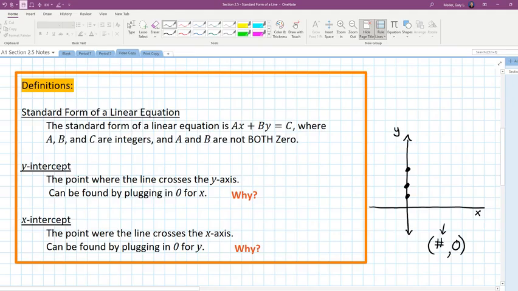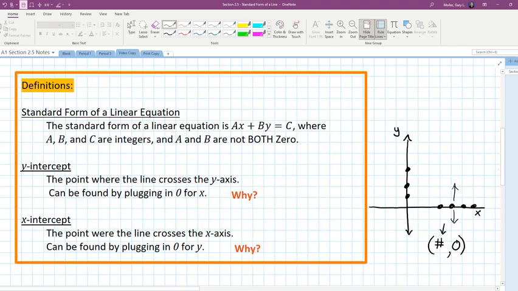If I have a point in the form of number comma 0, that means I'm moving left or right and not going up or down. So my point is going to be somewhere on the x-axis. I go over 3, like the point 3, 0, the point 4, 0, 5, 0. They're all on the x-axis because their y values are 0. So if you want to find it, you just let y equal 0.